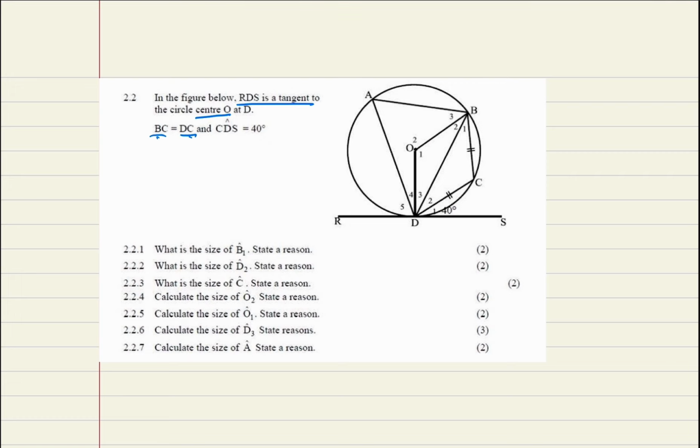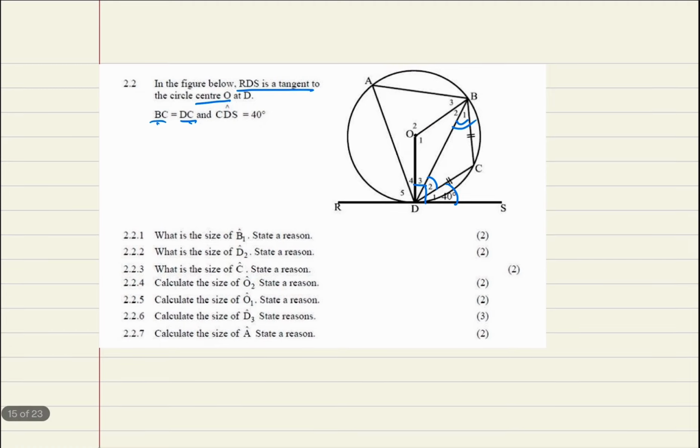Once they say this and these are equal, that means this angle and this angle are equal. Okay, and since there's a tangent, that means here there's 90 degrees. Okay, and this is a tan chord theorem. So that means I found this one, angle B1 is equals to 40 degrees, tan chord theorem.